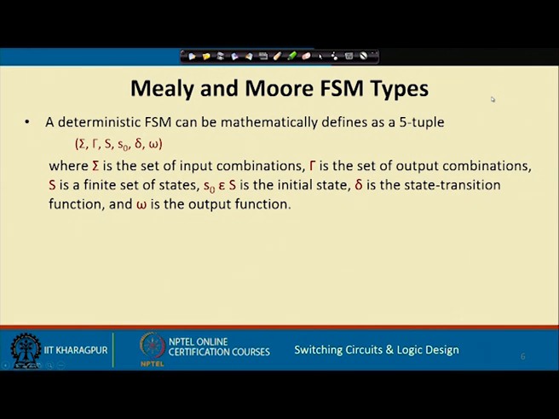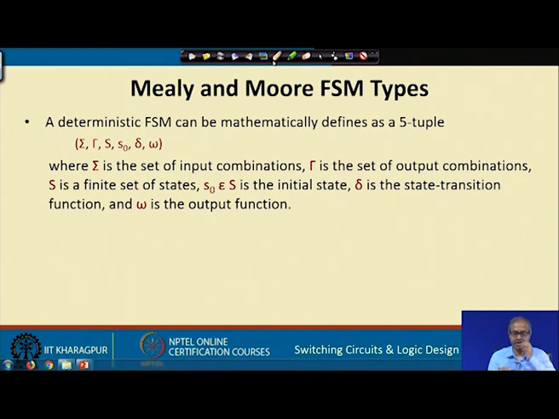Now, let us look into some formal definitions of finite state machines. There are broadly two kinds of finite state machines called Mealy machine and Moore machine. But before coming to the distinction between these two kinds of machine, let us try to mathematically define what a finite state machine is.